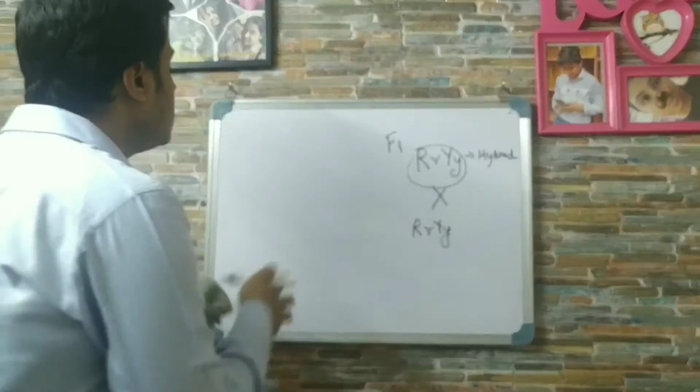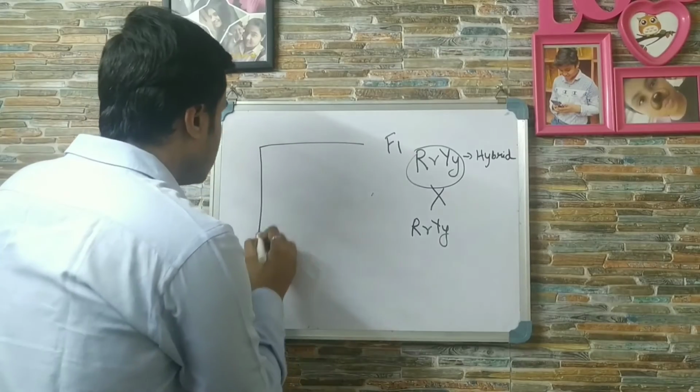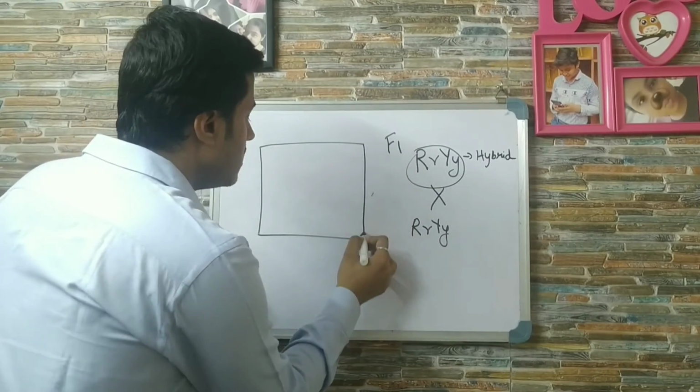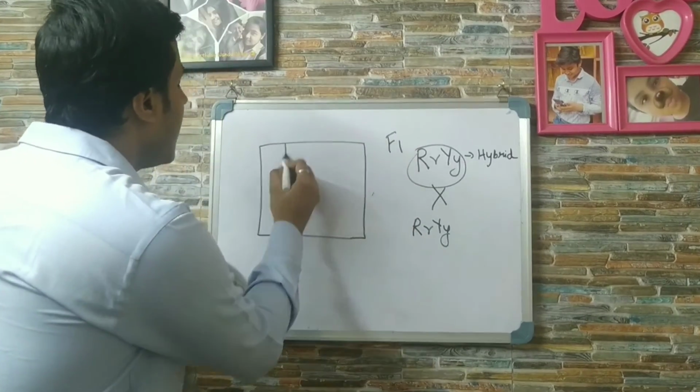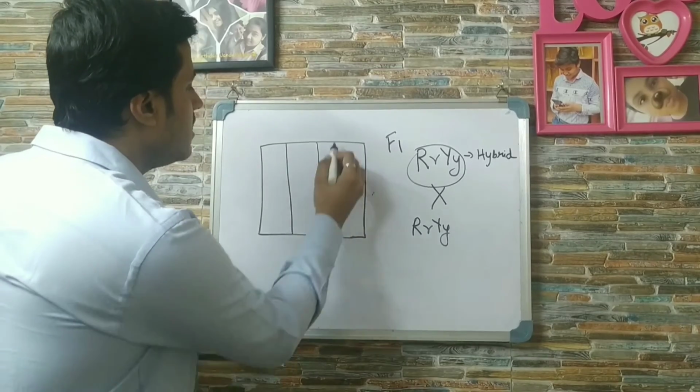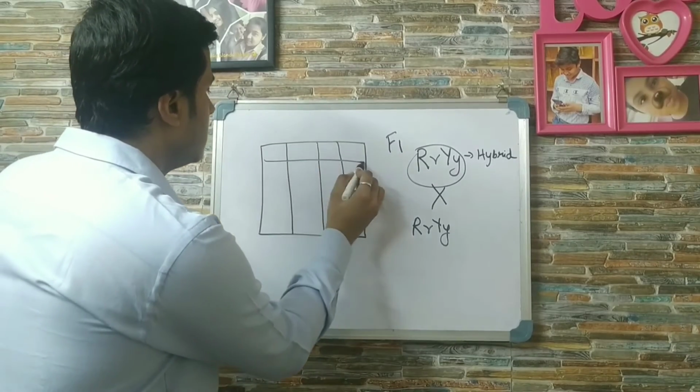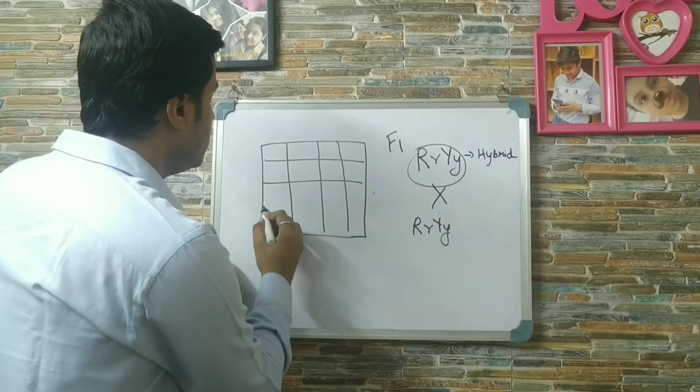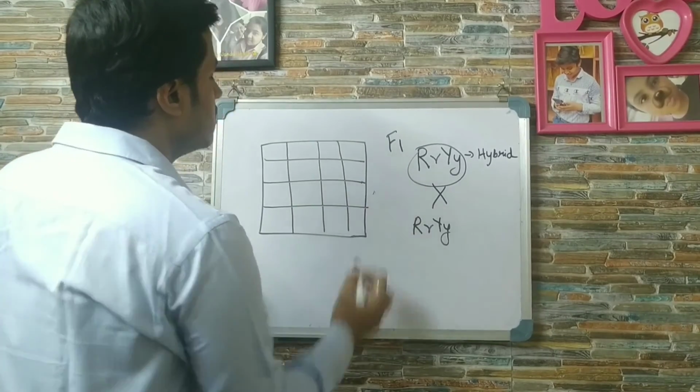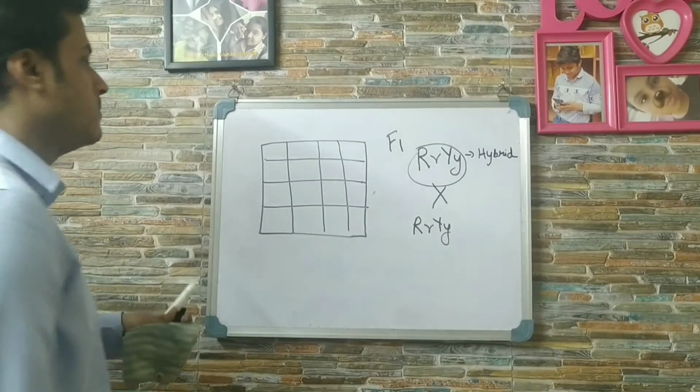So if we try and construct a Punnett square again, but this will have 4 rows and 4 columns, unlike the one which we used before, which was 2 into 2.